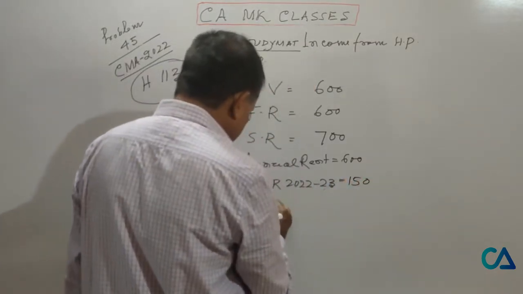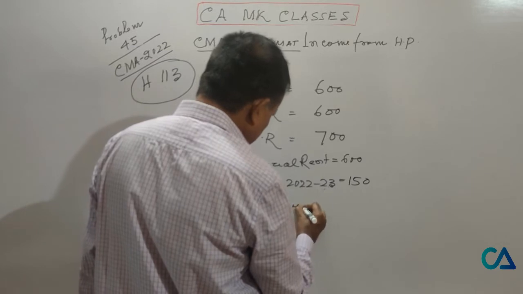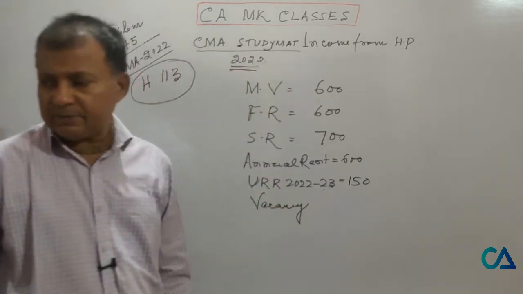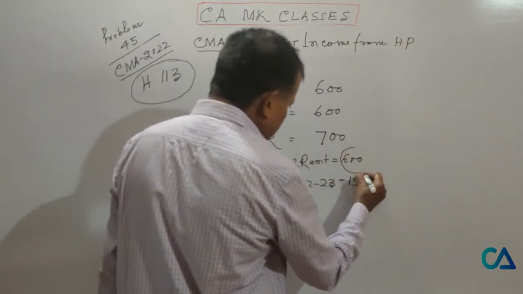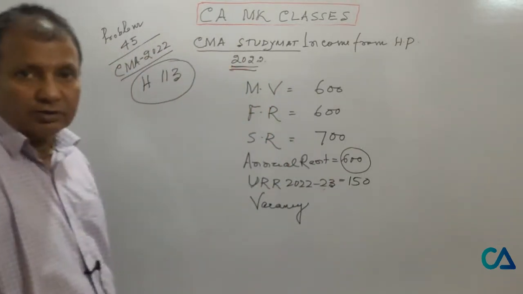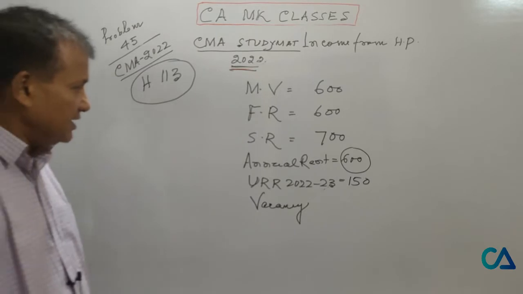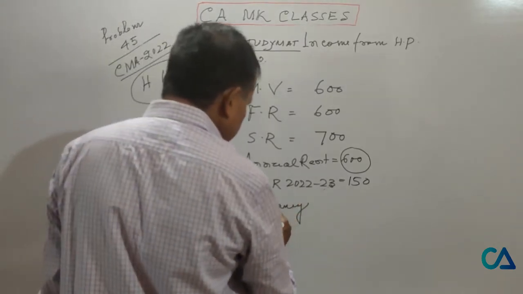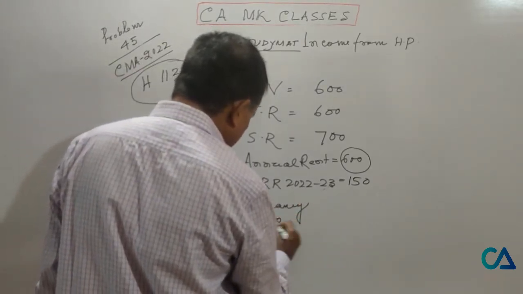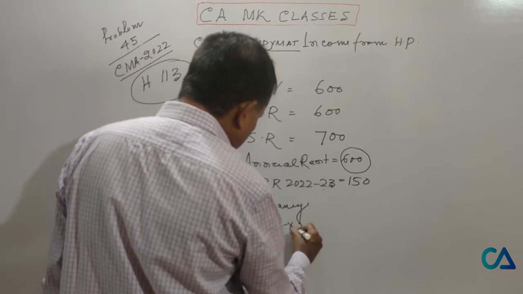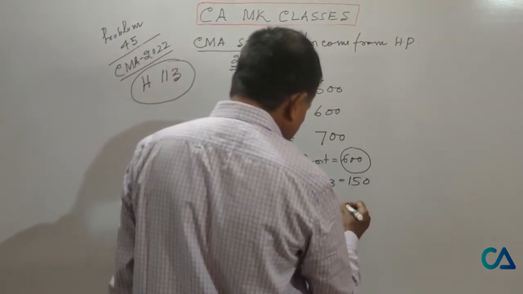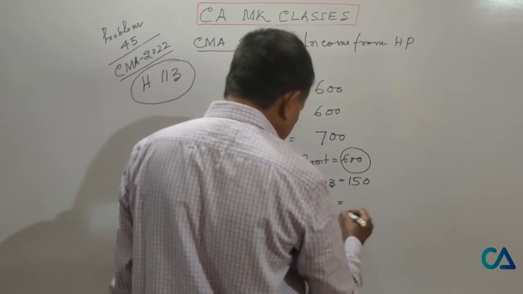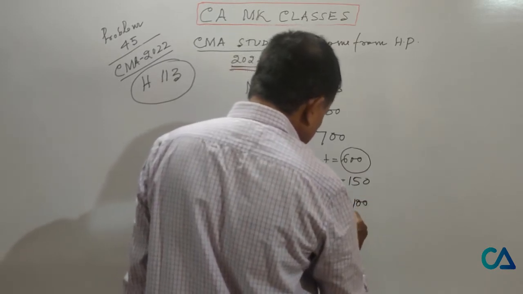Then vacancy. The vacancy is for 2 months. So 600 for 12 months, throughout the year 600 is the rent. Vacancy is 2 months, so 600 by 12 into 2 comes to 100. We can say 100 will be less.